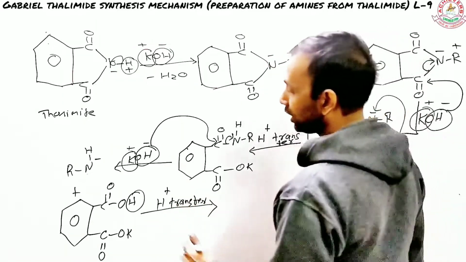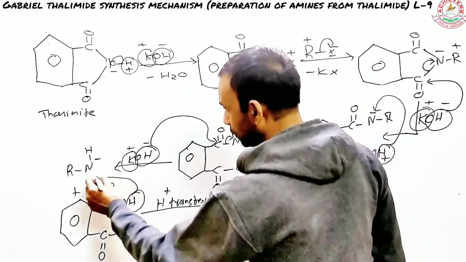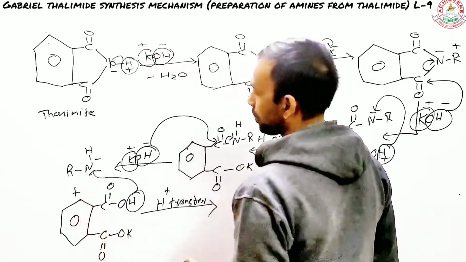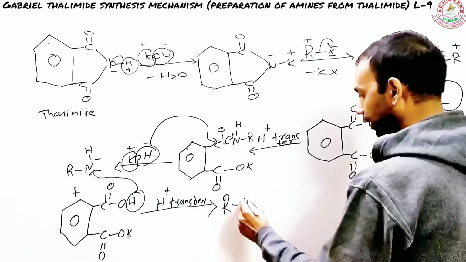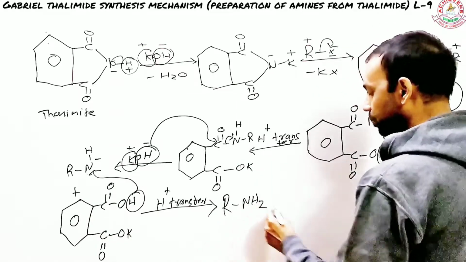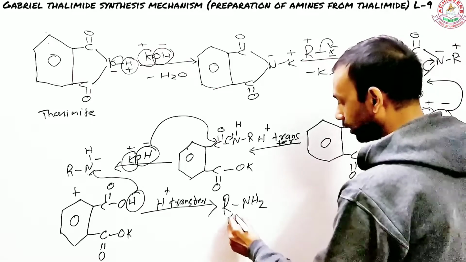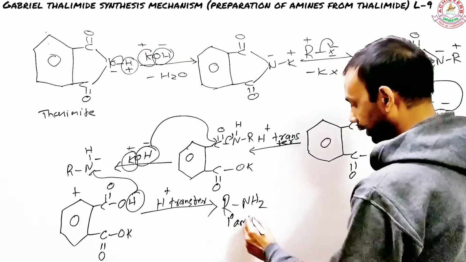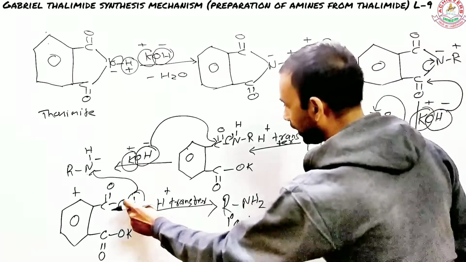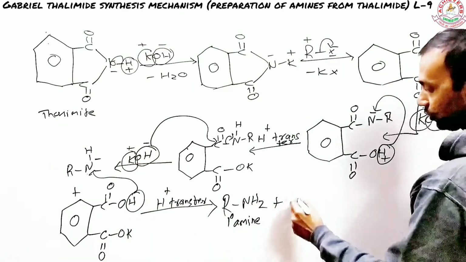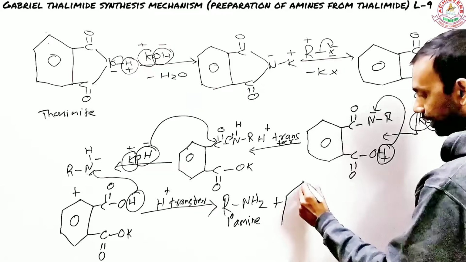And due to the proton transfer, this will be moving towards the nitrogen. And this will become your very first amine, RNH2. So this is your 1 degree amine. But along with that, a salt will be formed where hydrogen will be replaced by potassium. So this is what is coming out finally.